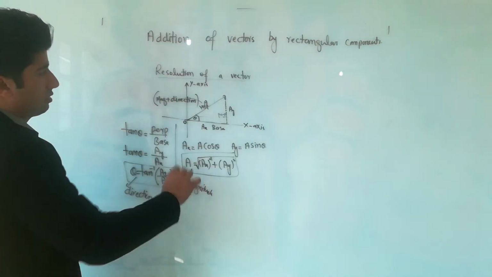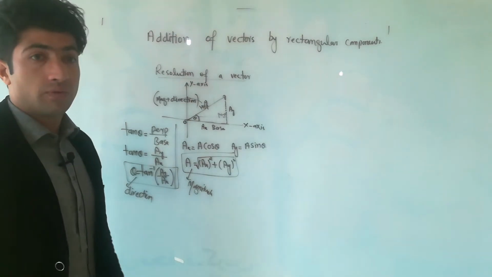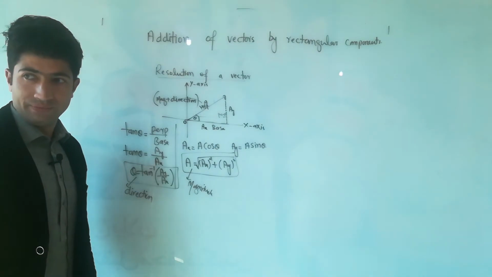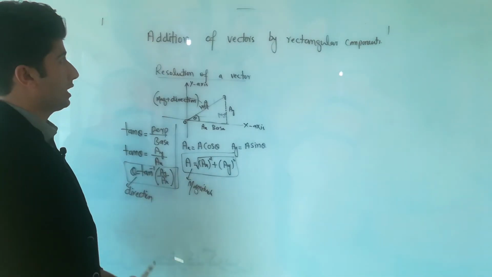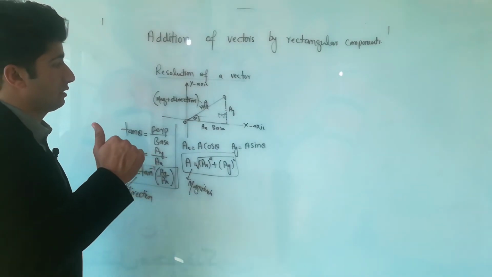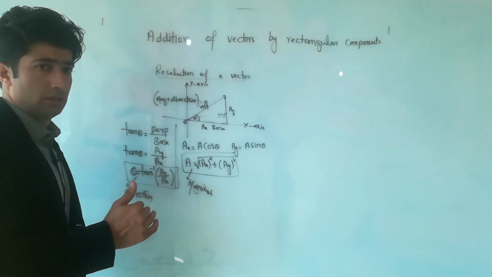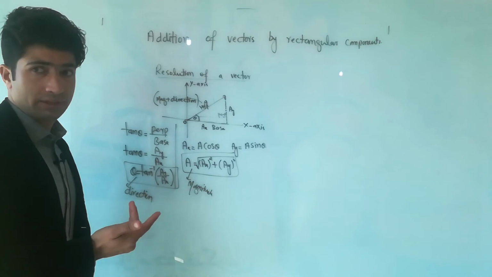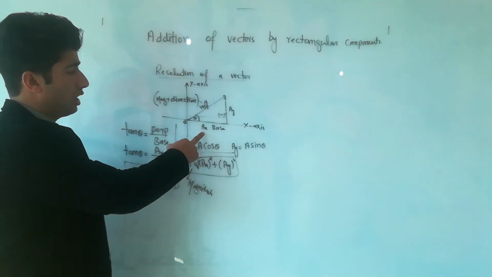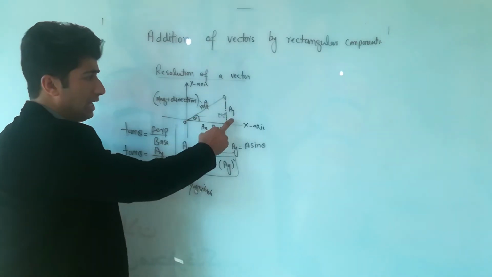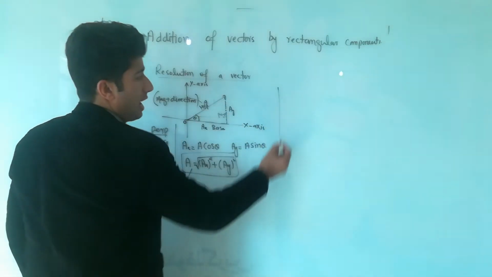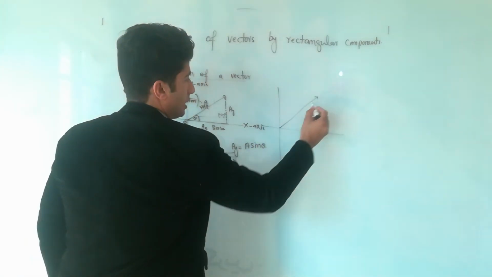So it was all about resolution of vector। ये resolution of vector के बारे में था। आज का जो हमारा टॉपिक है, this is somehow similar to resolution of vector, but we will use these x component of a vector, y component of a vector, and if we consider another vector b, clear?